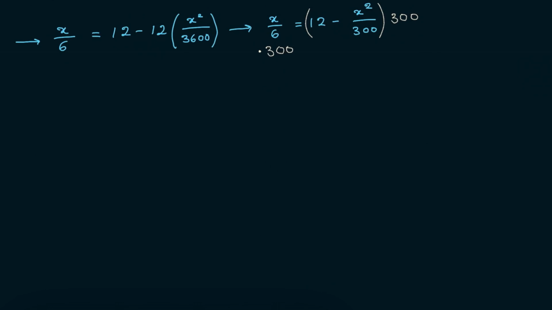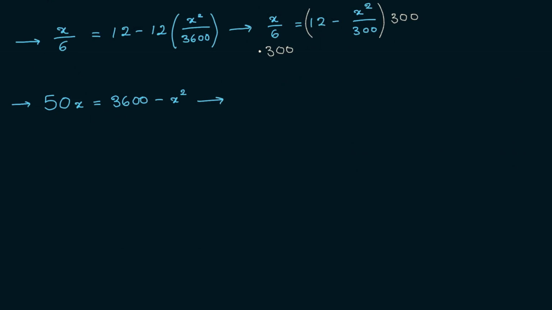If we do this, we get 300 times x over 6, which is just 50x, is equal to, if we distribute the 300 here, we get 3,600 minus x squared.